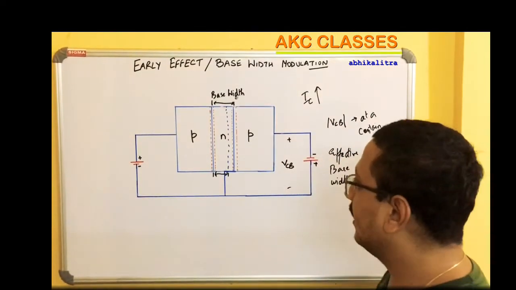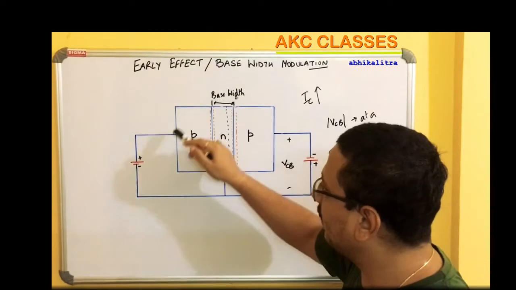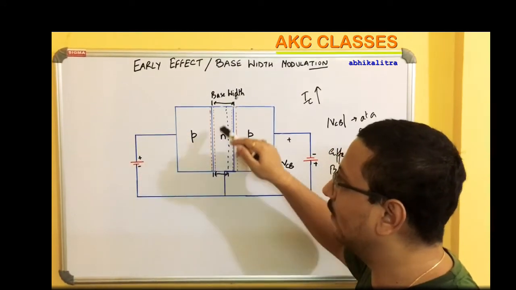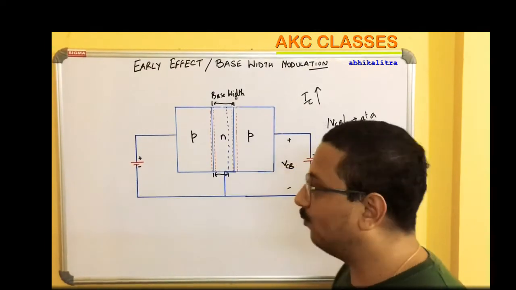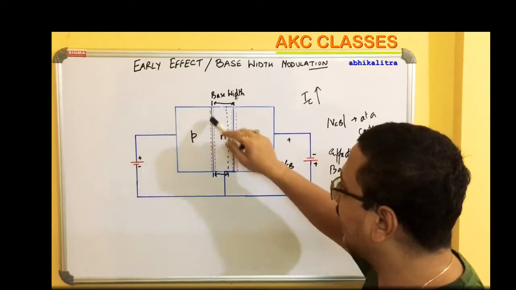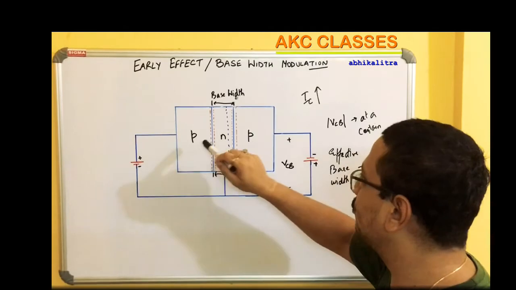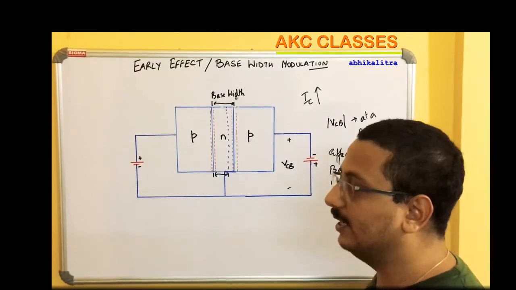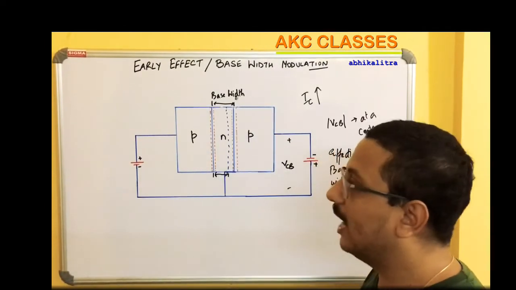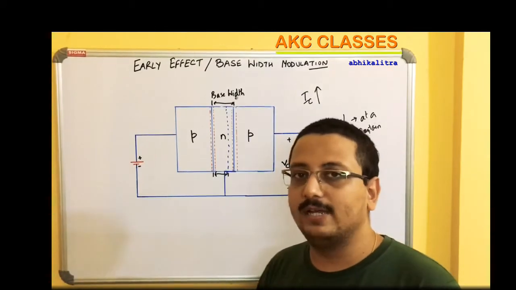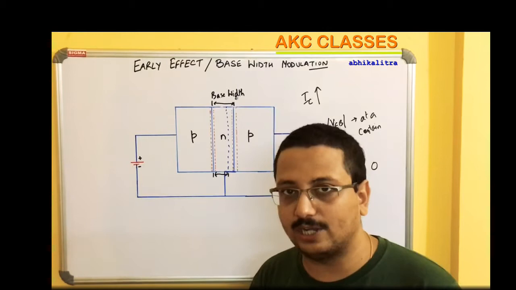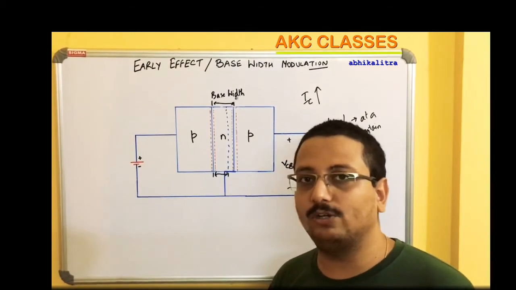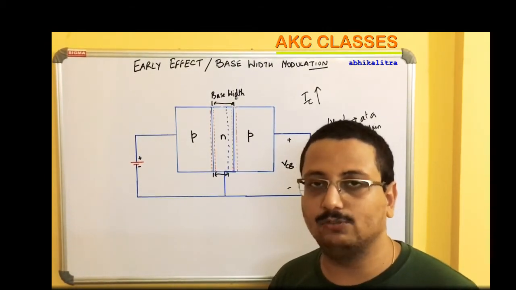Now the majority of the holes that were over here will have no recombination at all, and the entire holes will jump straight away to the collector region. A large amount of holes now crosses the depletion region to reach the collector junction, and a large amount of emitter current also starts to flow.